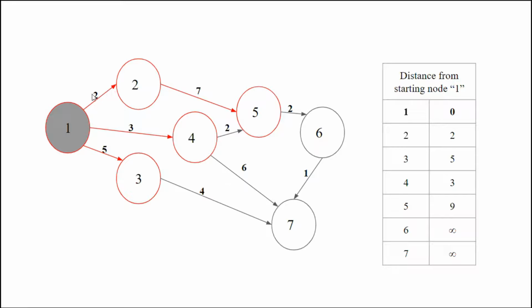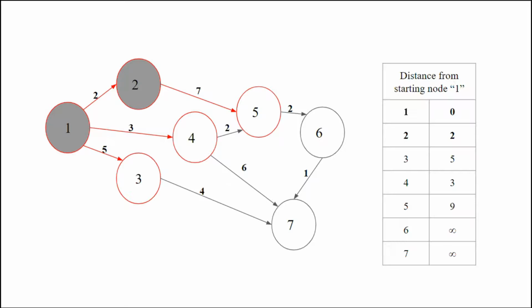So because from 5 you came from 2, and 2 had a distance of 2, you add 2 plus 7, so it'll be 9. And now because all of 2 have been visited, you can cross that one out. It's no longer going to be visited in the future.